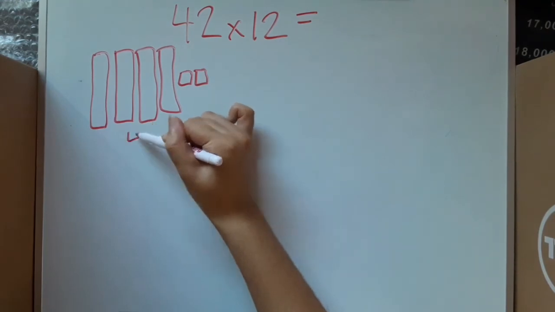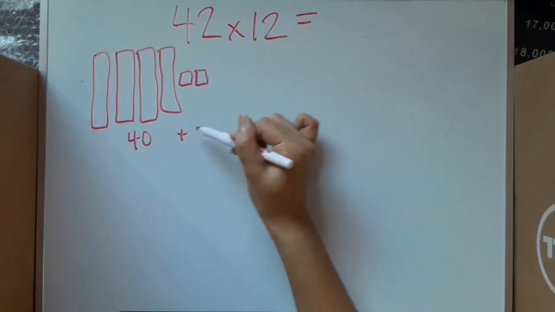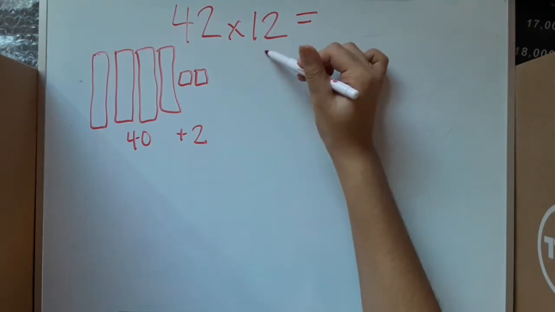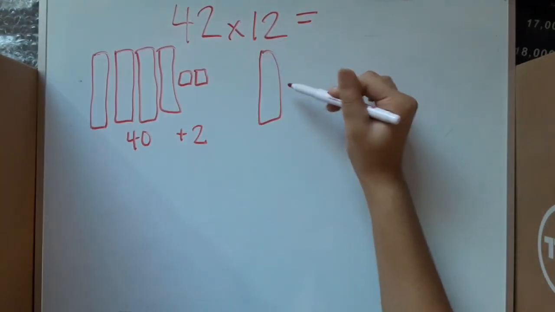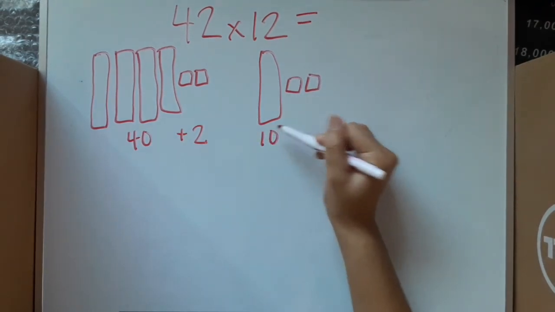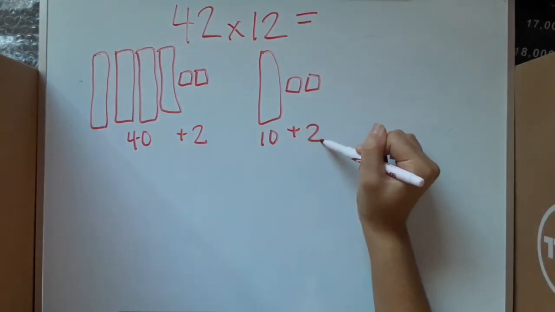So that's 40 plus 2. 12 has 1 10 and 2 ones. So that's 10 plus 2.